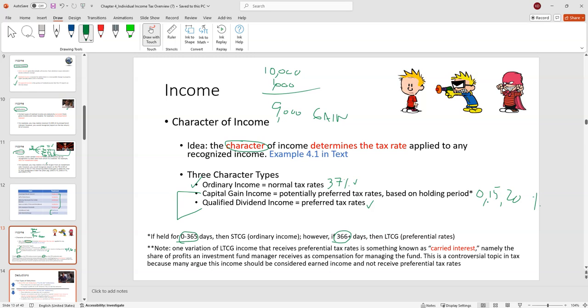So maybe the teacher was in the 20% tax bracket, and the politician, maybe this really rich politician, had an average or effective tax rate of 15%. What they're really getting at is, hey, I'm a teacher, I have earned income, this ordinary income. Whereas you, that rich politician, all of your income is preferential income. So just things to keep straight in your head. It's always interesting, those political ads, for what they say versus what it means.